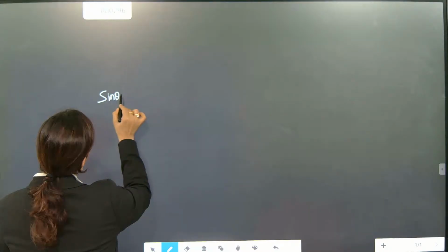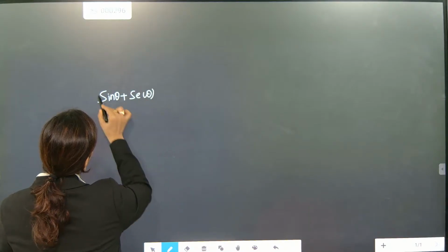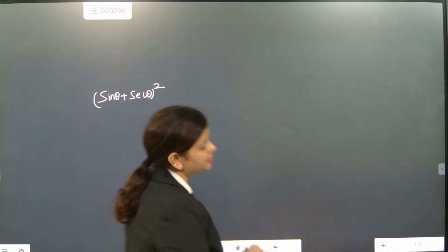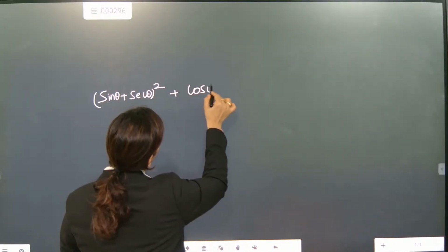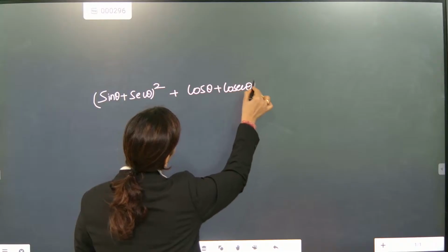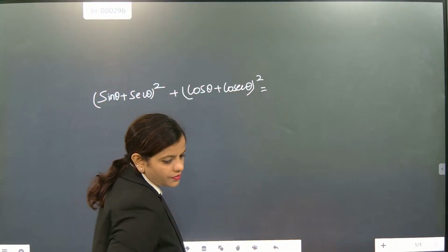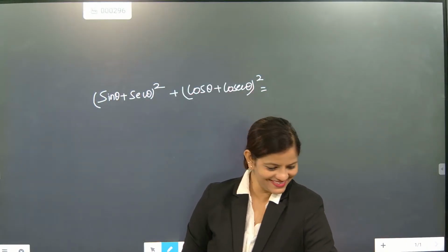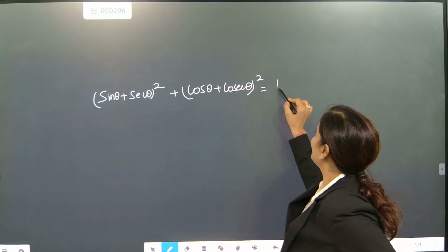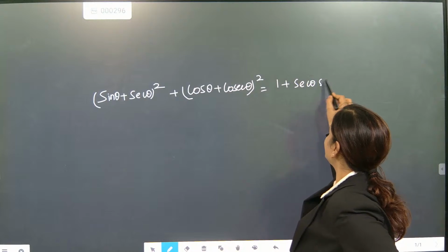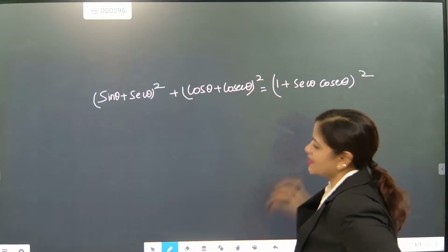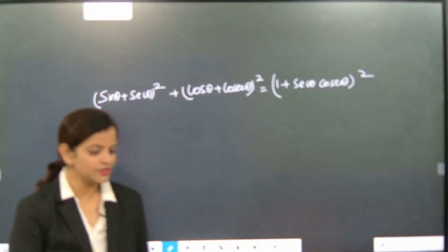Sin theta plus secant theta whole square, cos theta plus cosecant theta whole square, equal to 1 plus secant theta into cosecant theta whole square. Chalo, start solving. Come on, go for it, please. Start solving the question.